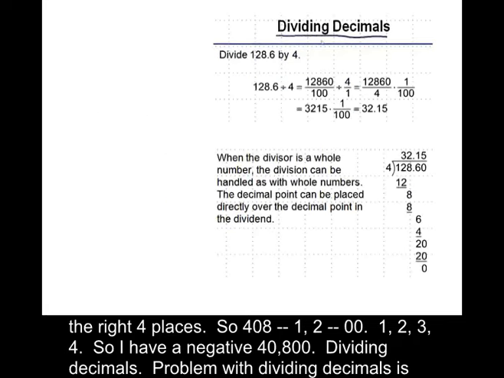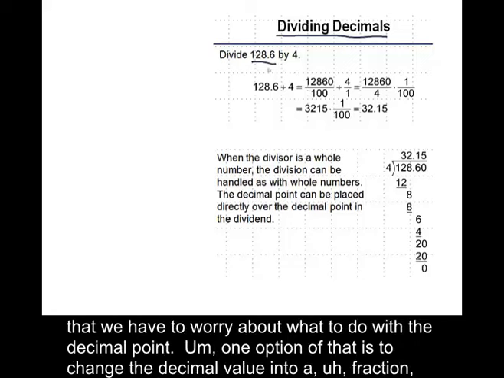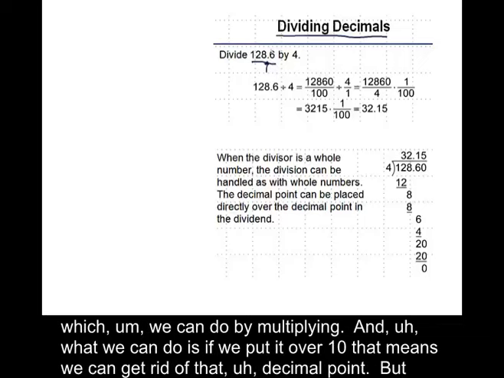Dividing decimals. The problem with dividing decimals is that we have to worry about what to do with the decimal point. One option of that is to change the decimal value into a fraction, which we can do by multiplying. And what we can do is if we put it over 10, that means we can get rid of that decimal point.